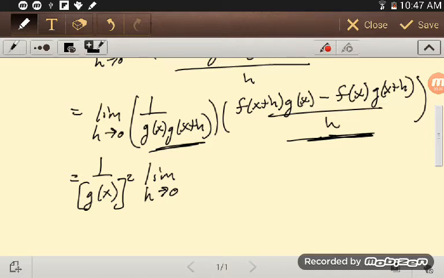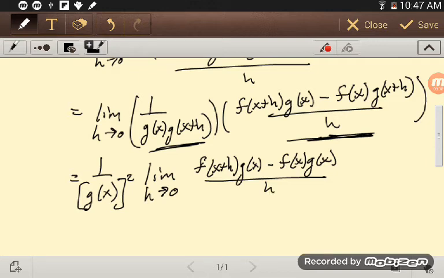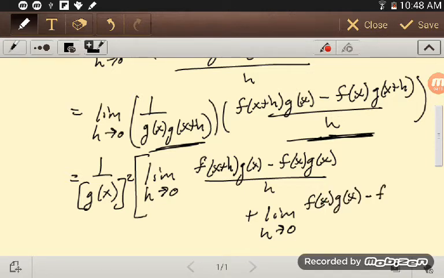I'm going to add 0, and so if I do f of x plus h g of x, and I subtract out f of x g of x all over h, and we'll need some big square brackets, and then I'm going to add to that the same term, so plus, and I'm going to go ahead and separate the limits as well through the addition rule, and so when I added that in, I have the f of x g of x, and then minus f of x g of x plus h all over h, and we have that, closing that off there.